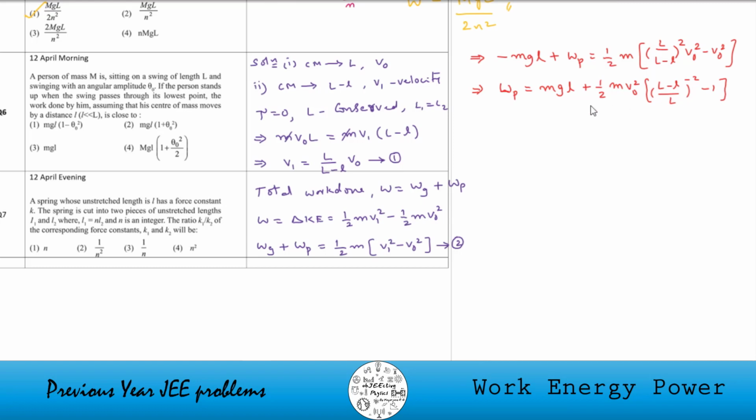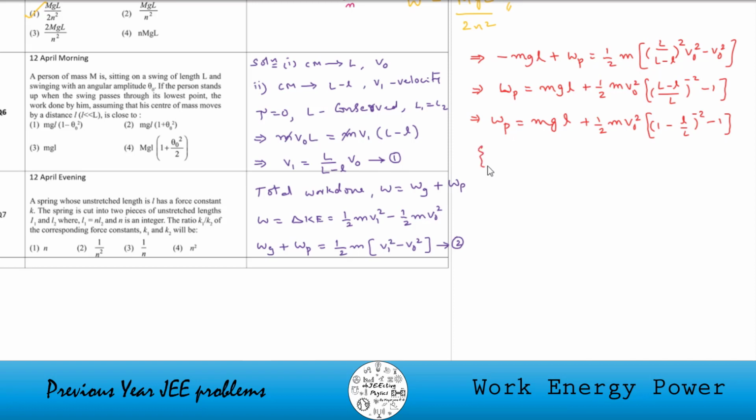Now, L by L cancel. In the next step we can write Wp, the work done by the person, is equal to MgL plus half m V0 square into (1 minus small l by capital L) whole to the power of minus 2, minus 1.